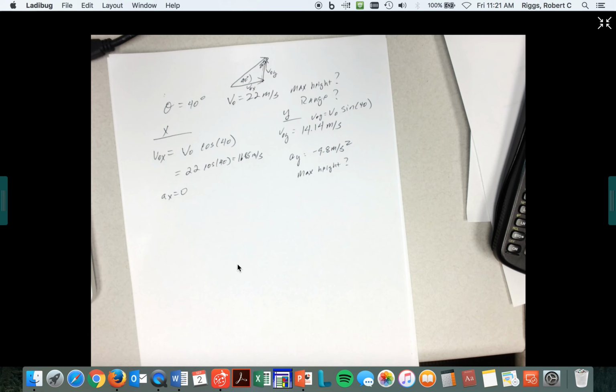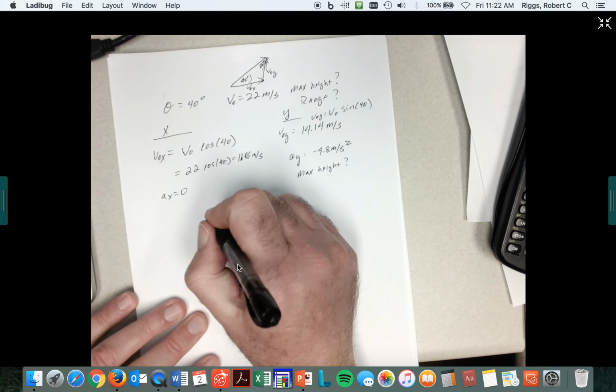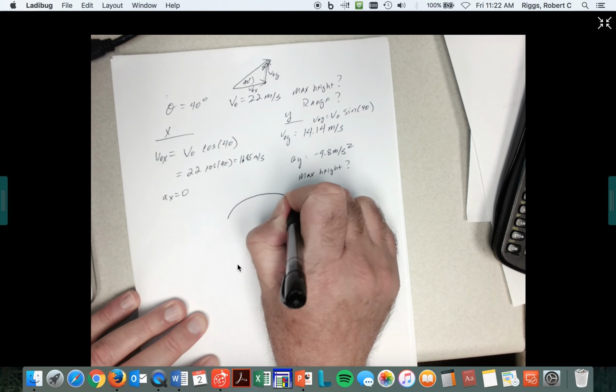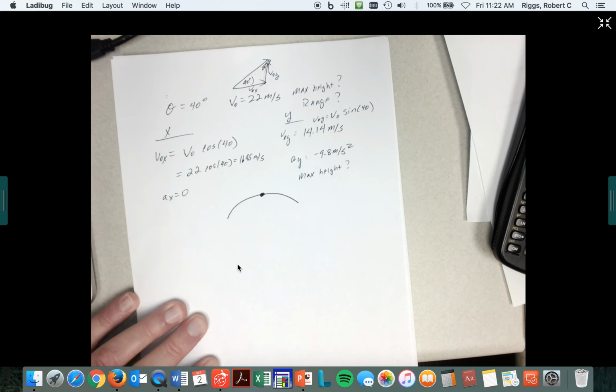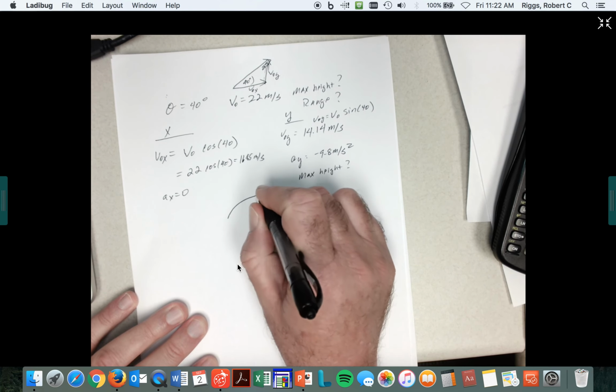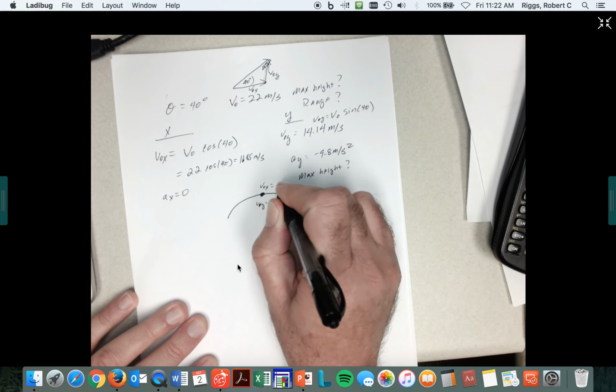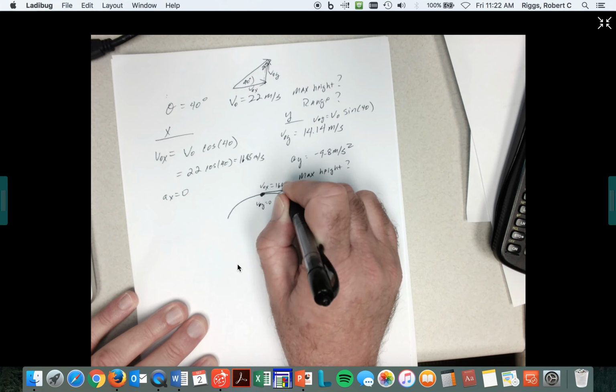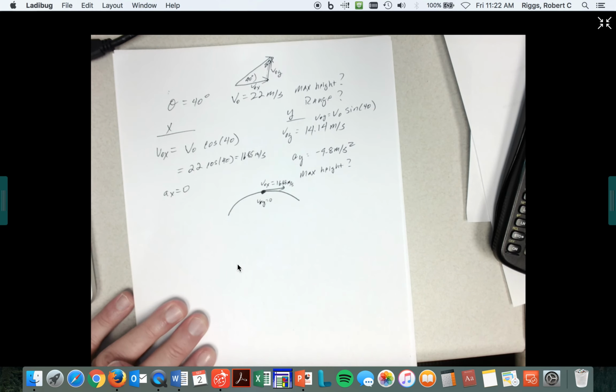What is going to be the velocity in the y direction at the maximum height? So here it's going like this. Velocity at the maximum height in the y direction, Vy at this point, is equal to 0. V naught x is still 16.85 meters per second. That doesn't change, but Vy goes to 0.